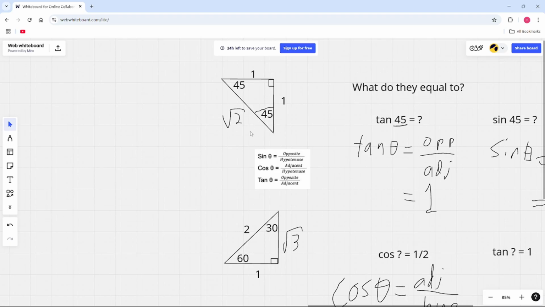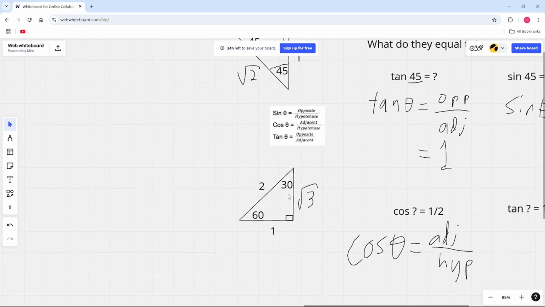Let's take a look at the top one. Obviously the number 1 exists, however 2 does not. We have root 2 instead. So we know that theta does not equal 45 degrees. Now let's take a look at the bottom triangle over here. We see a 1 and we see a 2. So the 2 is the hypotenuse, and the 1 can either be the adjacent or the opposite.